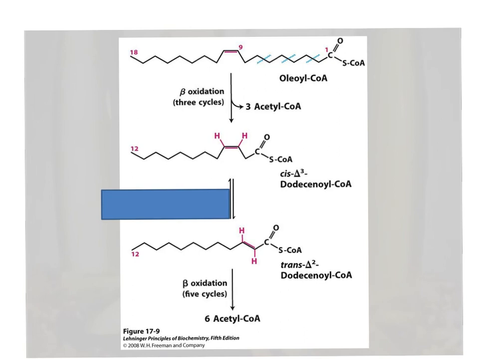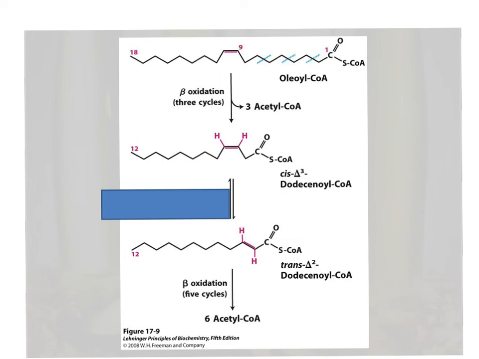So I want you to try to figure out what's going on, and think it through. The way that this literally reads is, we start off with the 18-carbon chain, and it's got the double bond.